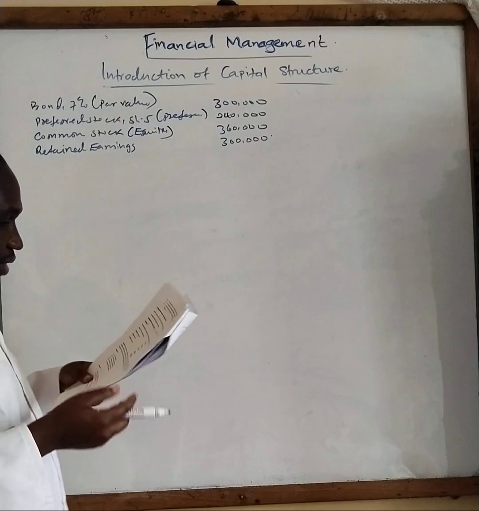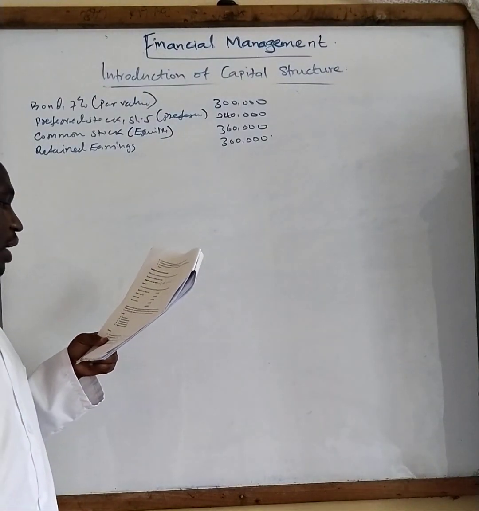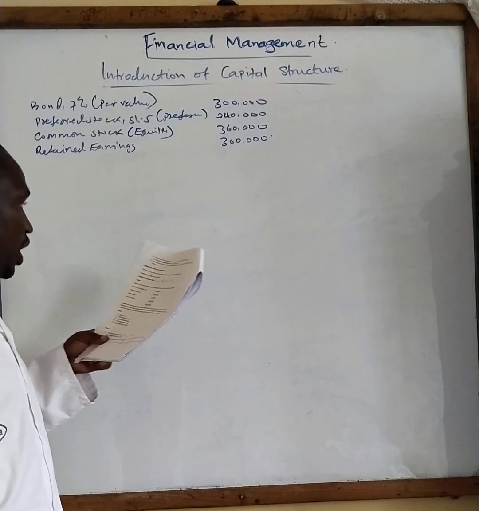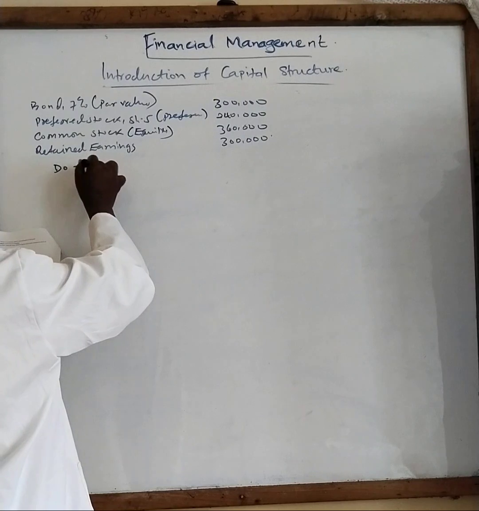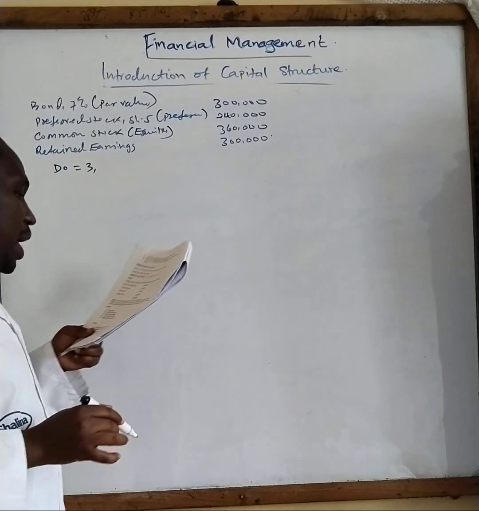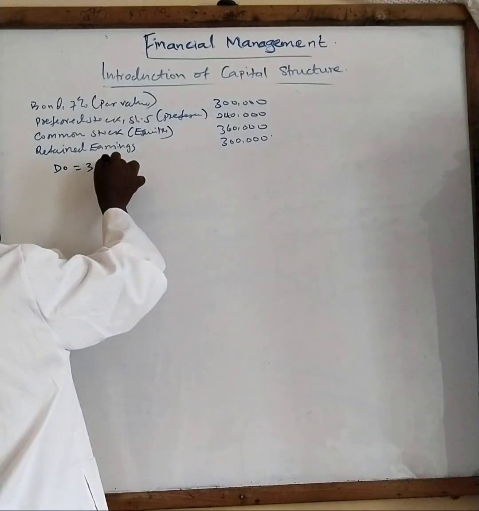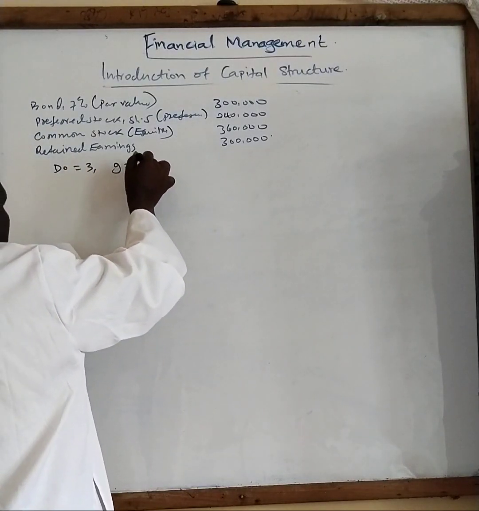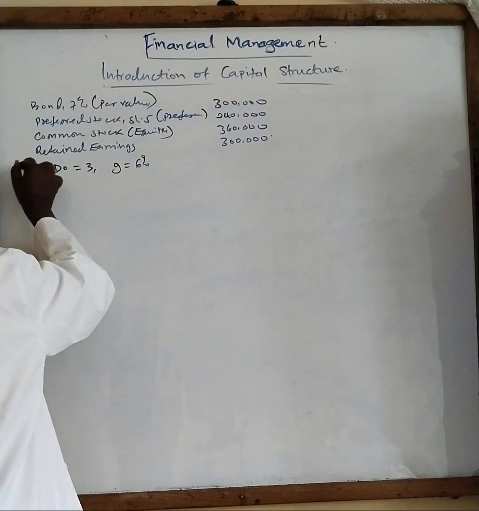Okay, so let's see. Dividend on common stock are currently 3 shillings per share. That is D0 equals 3 shillings. And are expected to grow at the rate of 6%. G equals 6%. This is common stock, which is equity.